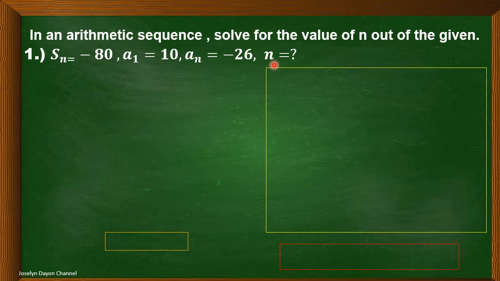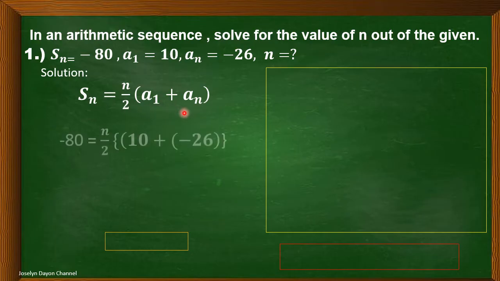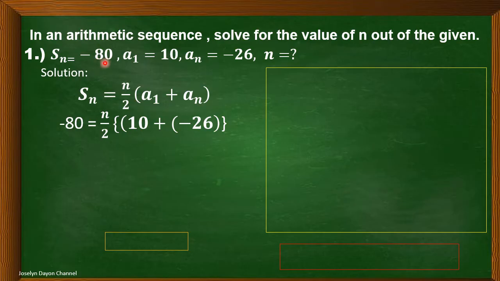Since we're given the sum of the first n terms as well as the last term, we can make use of the first formula. So we are going to write the formula, and next we have to substitute. Our S sub n is negative 80, just substitute.